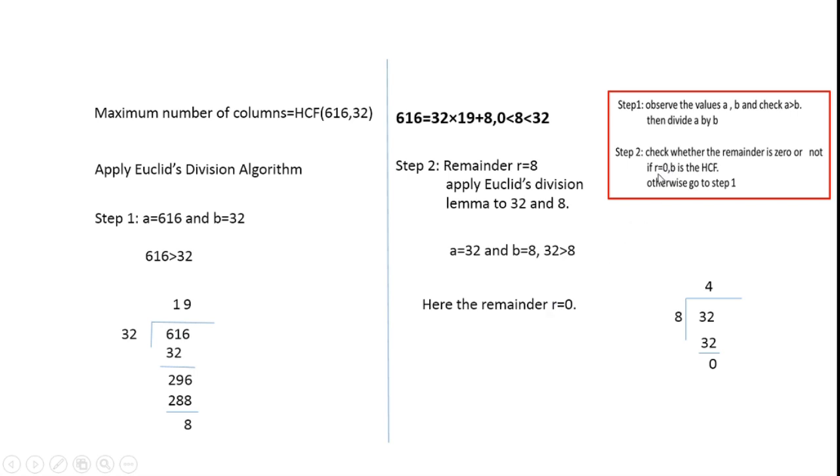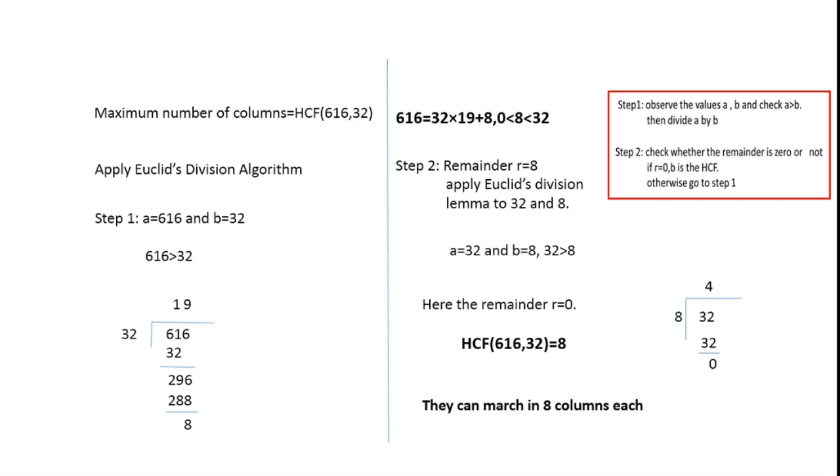See here, step 2: if the remainder is equal to 0, B is the HCF. What is B? B is the divisor. The divisor here is 8. Therefore, the HCF of 616 and 32 equals 8. That means they can march in 8 columns. The maximum number of columns is 8.